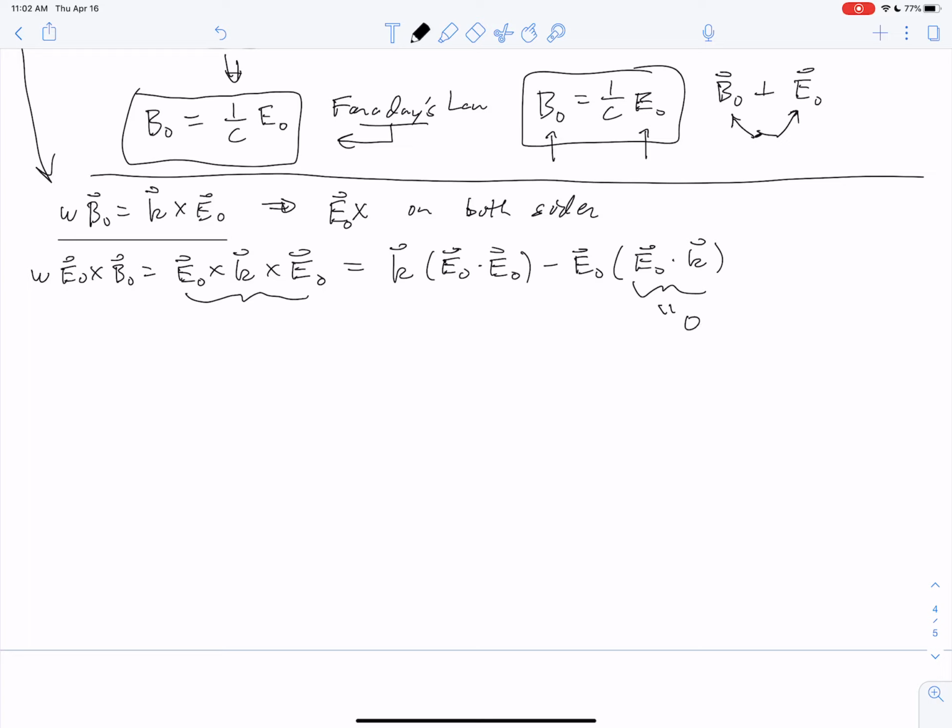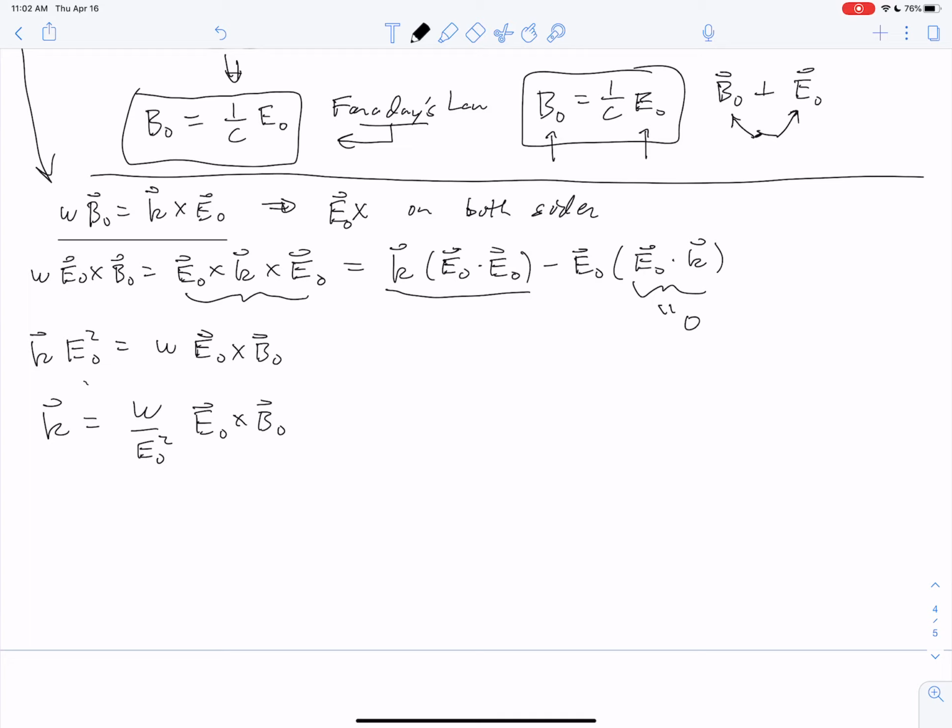And so then we just get this side, and that side is K times E naught squared is equal to omega E naught cross B naught. And so then we get this very nice relationship, which is that K is equal to omega over E naught squared times E naught cross B naught.